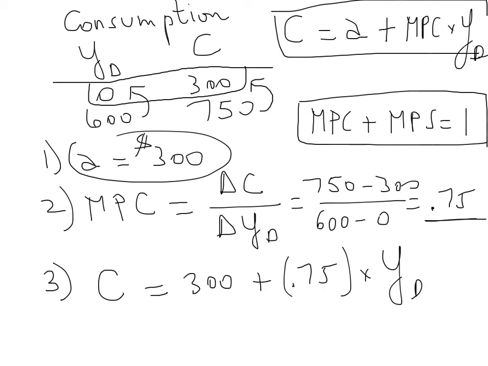Then let's see if we have another question here. So we are going to need the data again. YD 0, 600, consumption 300, 750.